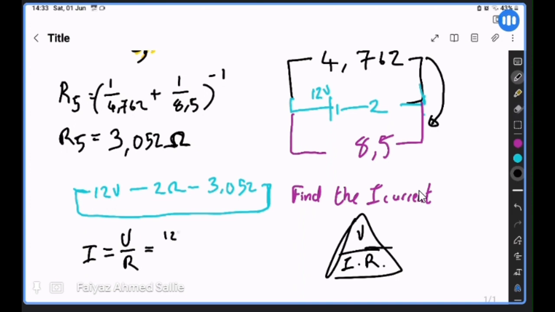The voltage is 12 volts and the resistance is 2 plus 3.052, so it's going to be 12 over 5.052. So we have a current of 2.37 amps. So that is our current that is flowing.